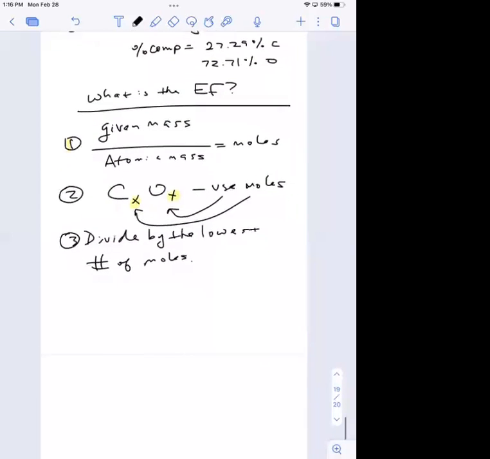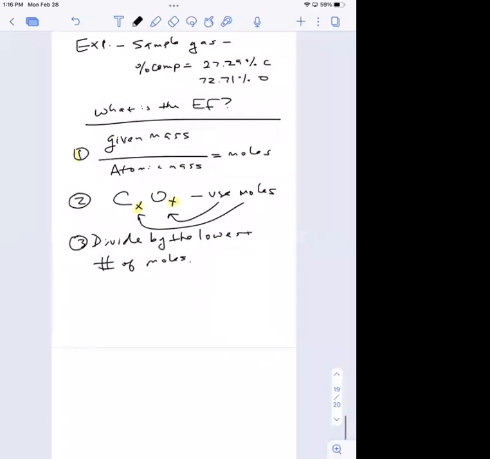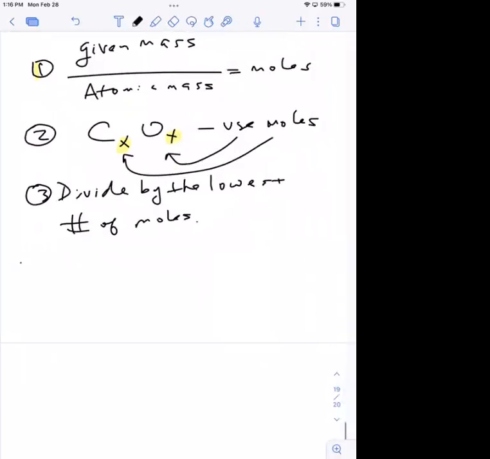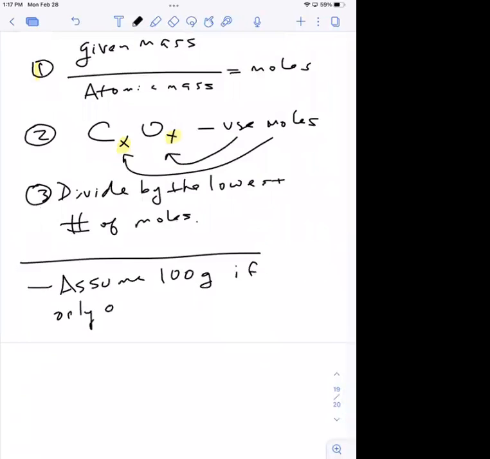So with a problem like this, where you just have percent composition, the approach is to first assume 100 grams, if only percent composition is given. You assume 100 grams of product because the percent composition has to add up to 100.